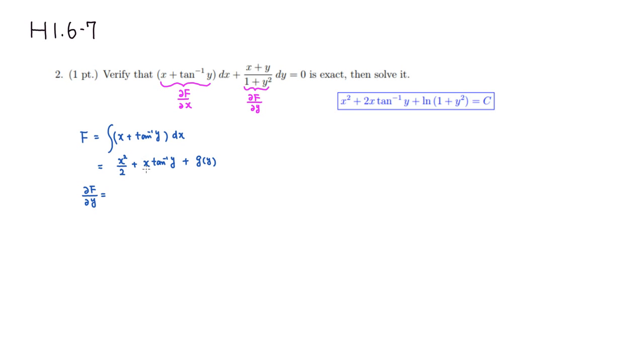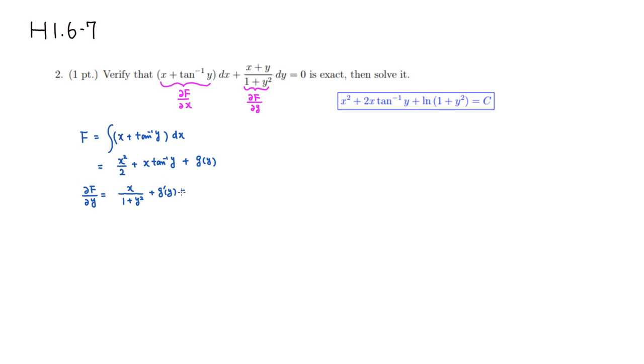And for x arctangent of y, x is just a constant, and the partial derivative of arctangent of y with respect to y is 1 over 1 plus y squared. Then the derivative of g of y with respect to y would be g prime of y.